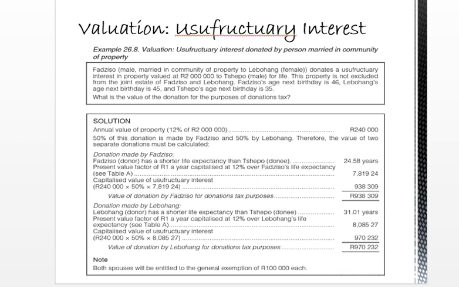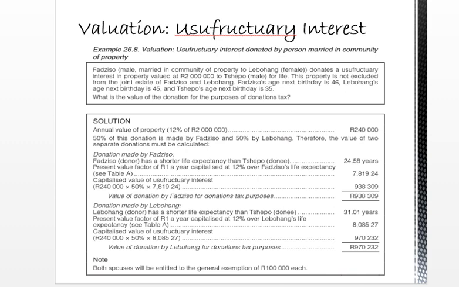Okay, so the first step in determining the valuation of the usufructuary interest is to determine the annual value of the property. So the total property is 2 million rand, multiplied by 12%, so it's 240,000 rand. Then we're going to split this donation between Fadizo and Lebogang because they're married in community of property.